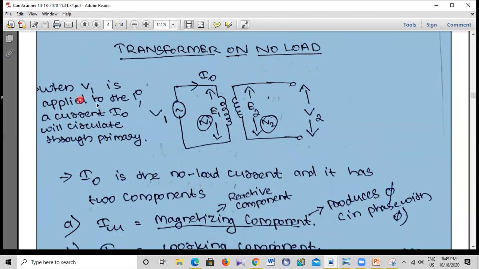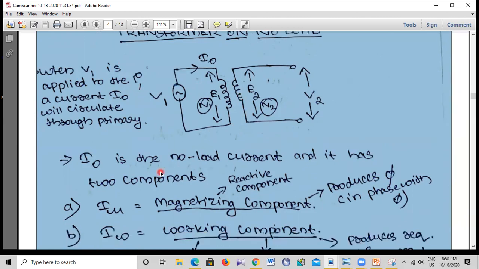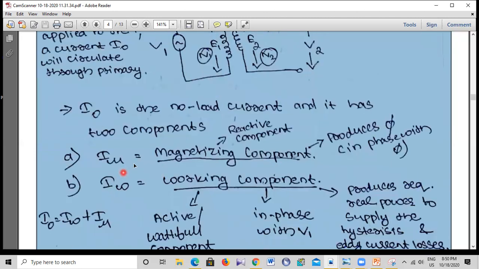So when V1 is applied to the primary, a current I0 will circulate through the primary winding. So I0 is the no load current and it has two components, which are denoted by Im or I mu, which is the magnetizing component, or we also call it the reactive component.